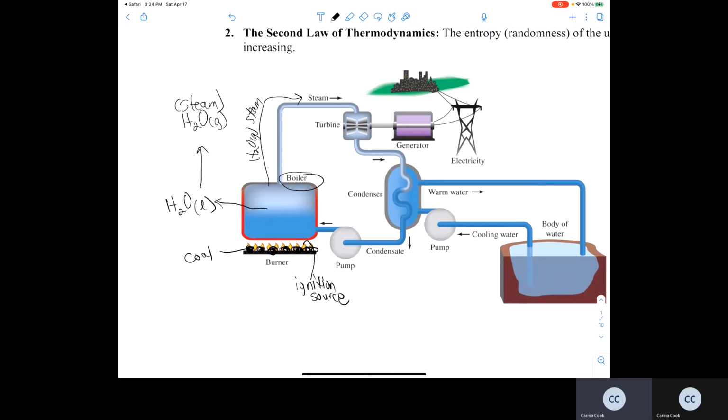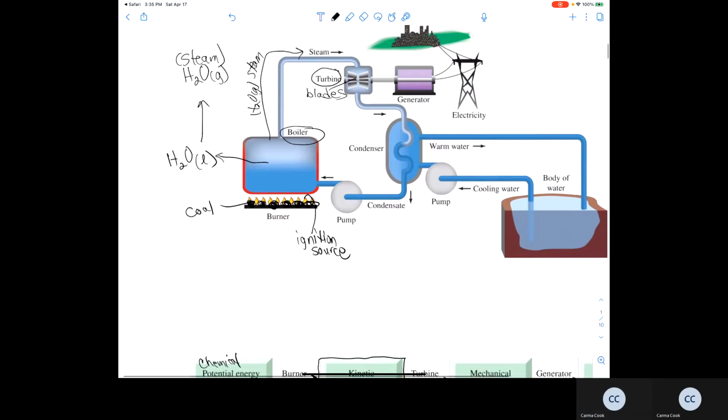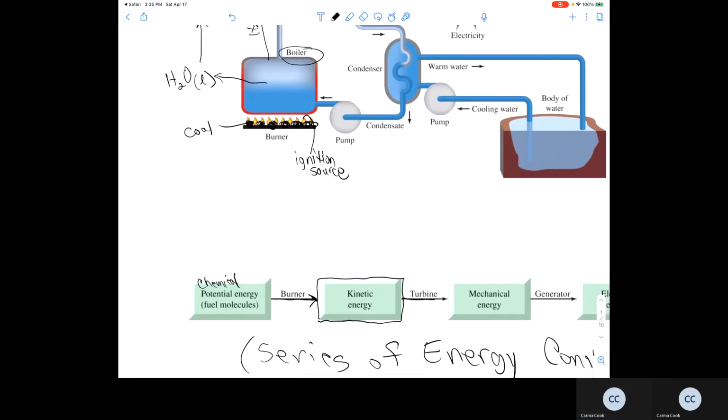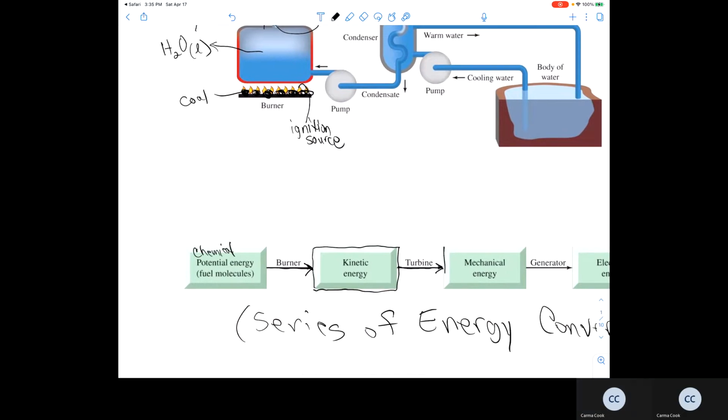And the kinetic energy in that steam causes the blades of the turbine to move. And so therefore the kinetic energy in the steam gets converted into mechanical energy that causes the blades of the turbine to move.